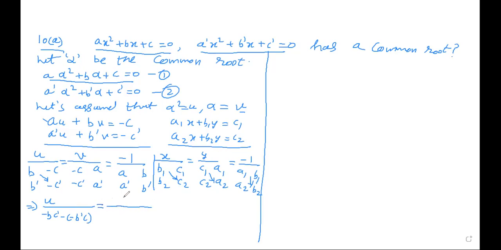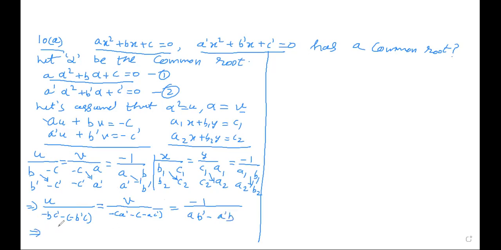Any doubt? Again this is minus ca dash, minus a into c dash is minus ac dash, equals to minus 1 upon, third, ab dash minus a dash b.